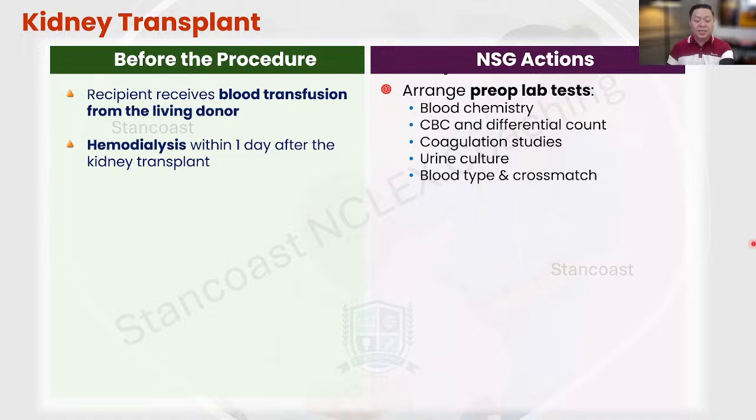All right? So if there are some major imbalances in their electrolytes, or maybe a drop in the calcium, that needs to be corrected before they can experience any complications during the surgery. They have to be at least close to the normal range. Now, for the complete blood count, or the CBC, that should include the differential count.